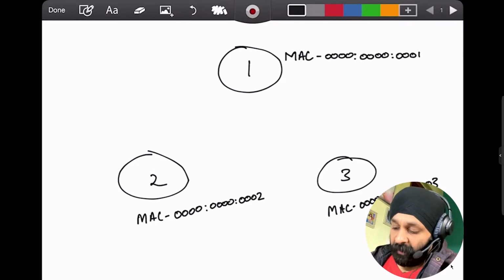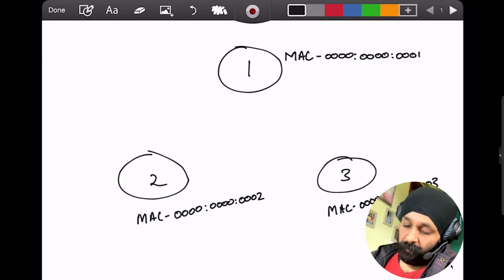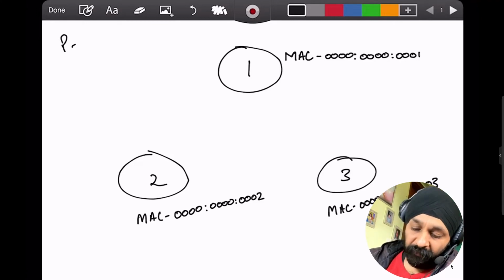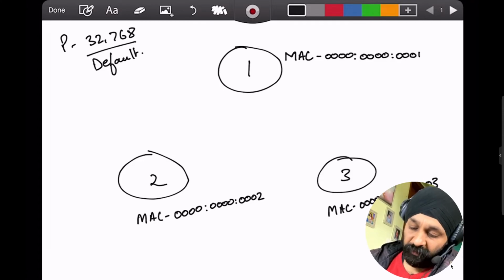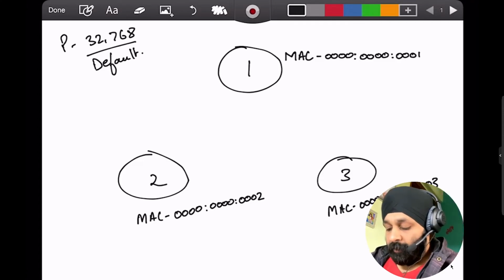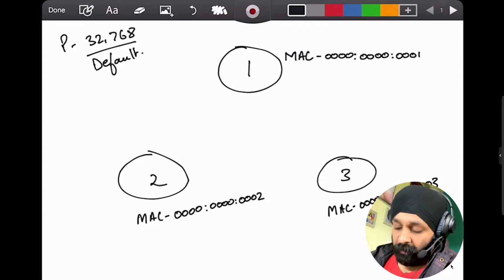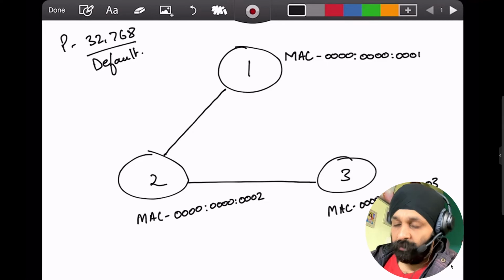In a scenario like this, let's assume that all the switches were right now off and they had been put on. And all of them have a default priority, that is 32768. We are not changing this right now. So switch 2 gets on and it says that I am the root switch, and switch 2 is not wrong.